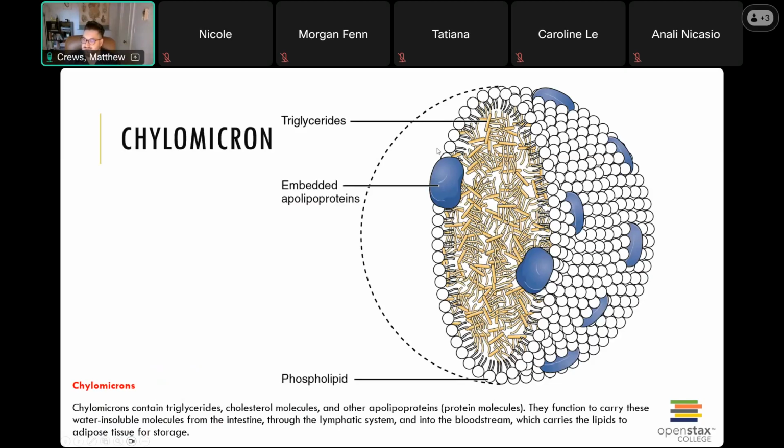So these phospholipids will surround all of that. Think of it like if you have a cup of water and you drip a drop of oil in it, it'll create a little bubble that will eventually float up to the top. That little bubble is basically a chylomicron.